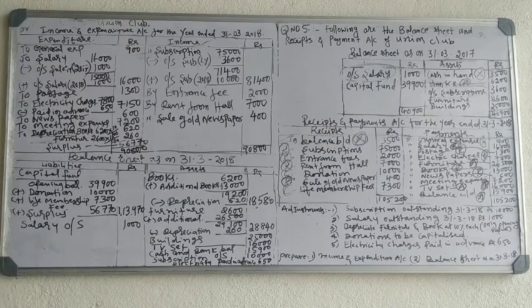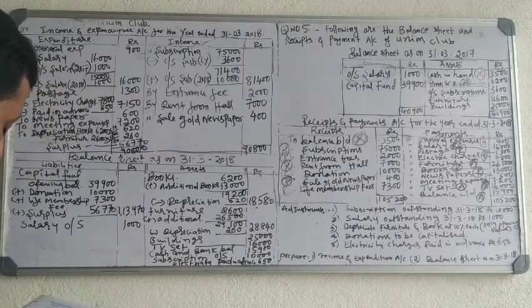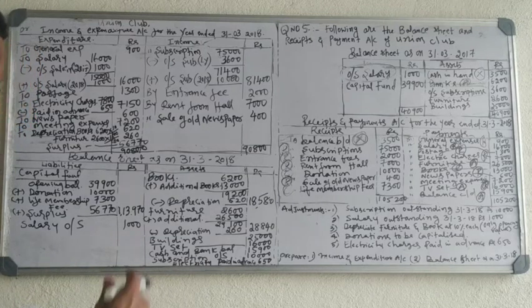Let's see the total. 18,580, 28,840, 25,000, 16,000, 10,000, 650, and 15,900. This side 1,13,970 and 1,000.